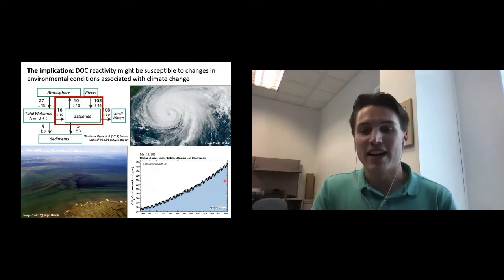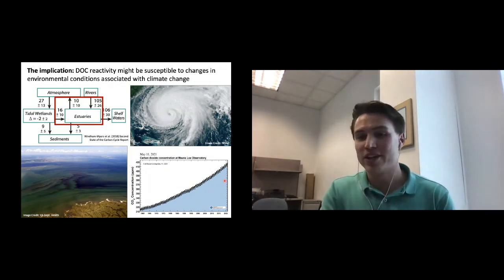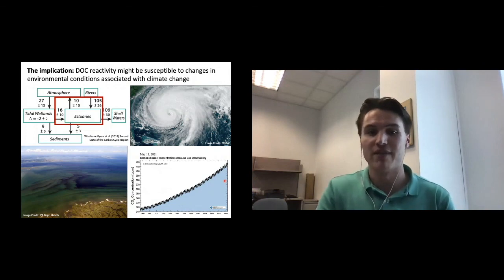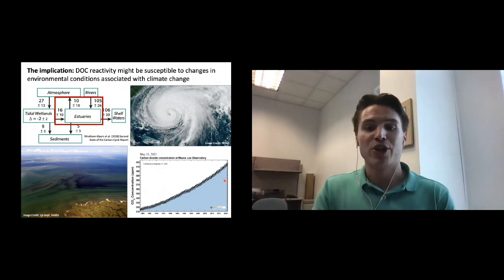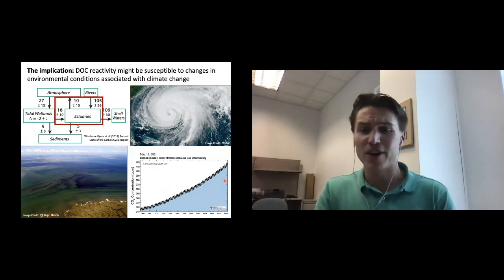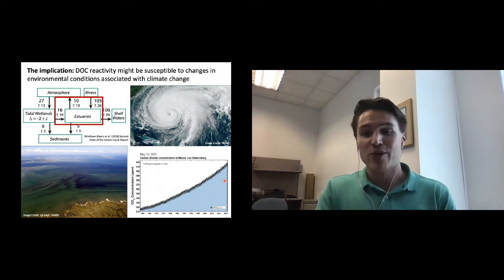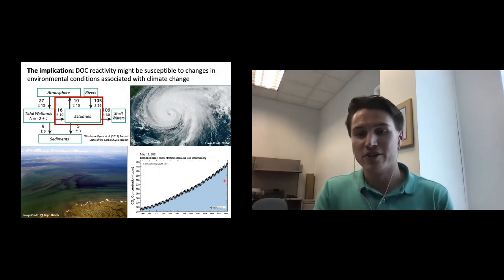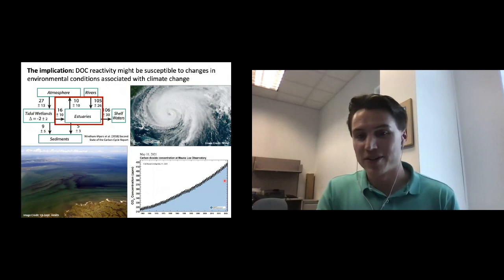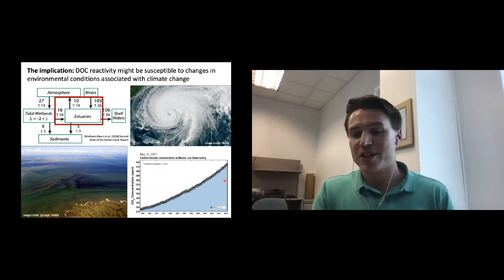And the point is that DOC reactivity could be susceptible to changes in environmental conditions, which could have implications for the metabolic state of estuaries. For instance, under conditions where DOC is rapidly consumed, estuaries could release more CO2 as heterotrophic processes could dominate. So this is also important for coastal carbon cycles and coastal carbon budgets in particular.